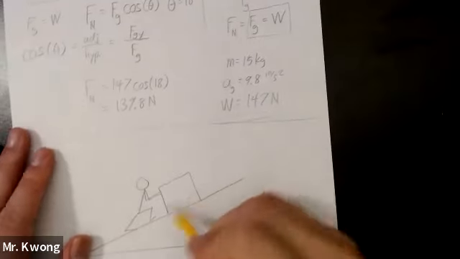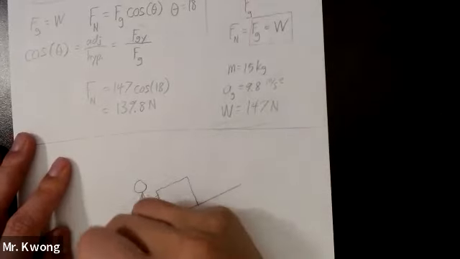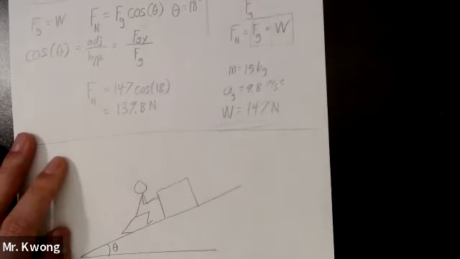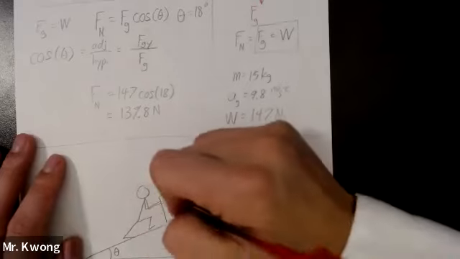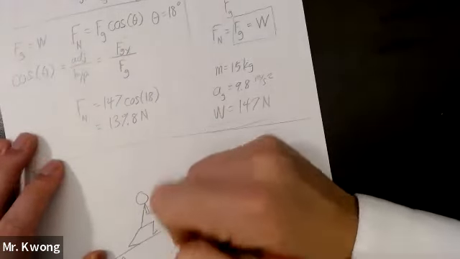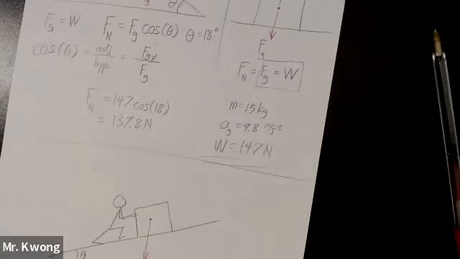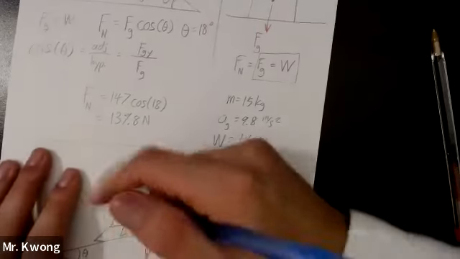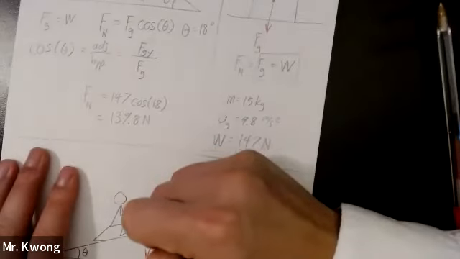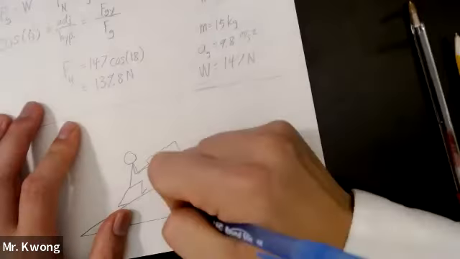So here is somebody pushing this box up a slope at some angle. And we still would say that the weight of the box, force of gravity, is downwards. And therefore, we can break up the force of gravity into components, where you have the y component and the x component.